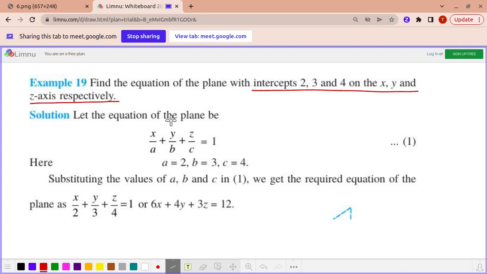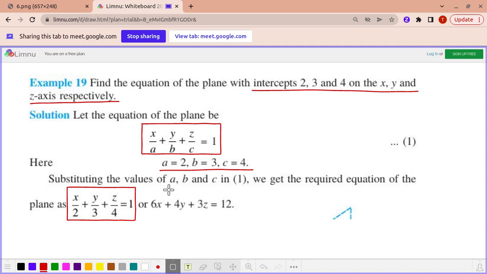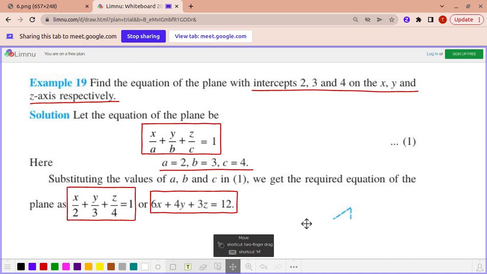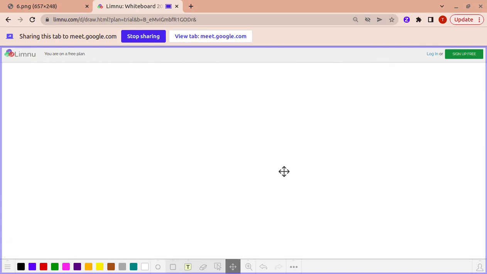We know the intercept form equation is x by a plus y by b plus z by c equal to 1. In this case, a equal to 2, b equal to 3 and c equal to 4. So we apply all these values and we get the required equation as this one. If we simplify by taking the LCM of the denominators, we get the equation in the general form as 6x plus 4y plus 3z equal to 12. This is the required equation. I hope this is clear. Now let's proceed further.